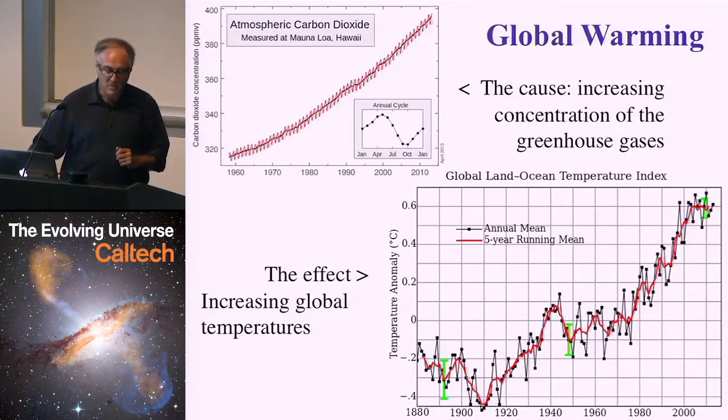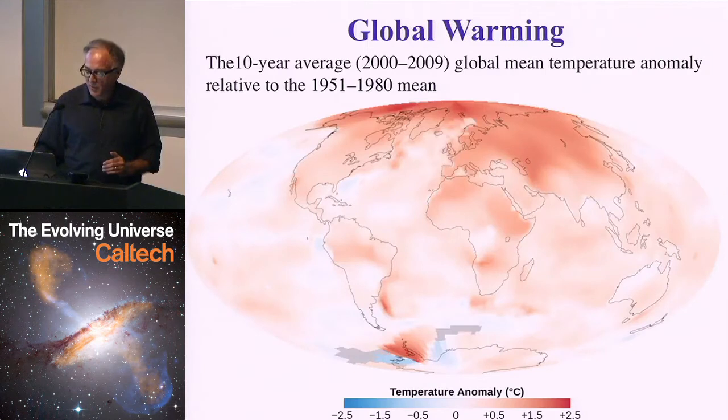Now, there are fluctuations. This is not a perfect process. The weather fluctuates and so on. But the overall trend is pretty clear. And this is now being confirmed again and again and again from the ground, from space, and so on. Here is just one of the maps that can be obtained from space-based data.